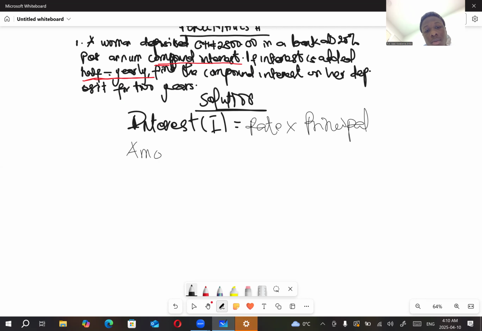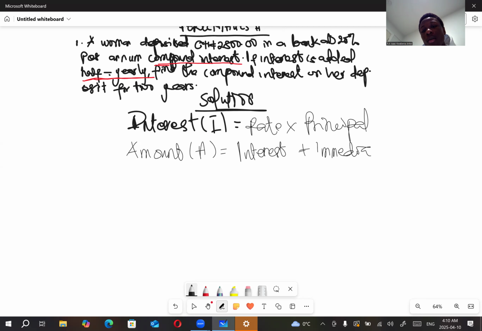Amount A, bracket A, is equal to the interest you have gotten plus the initial principal. Right?